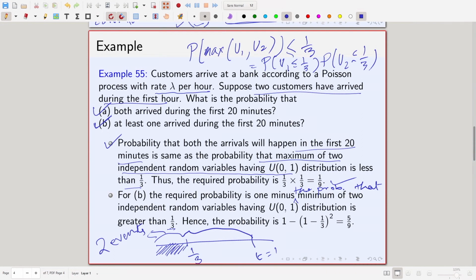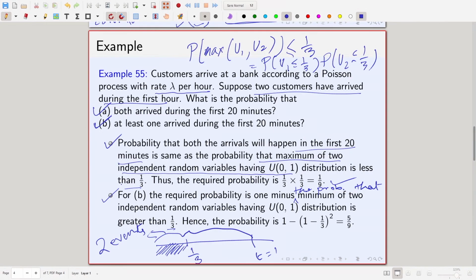If both arrivals have to happen after time 1 by 3, that means the minimum of 2 uniform 0 1 random variables is greater than 1 by 3. If we can find that probability, then the probability that at least one arrival happens within time 1 by 3 is just 1 minus that probability. That is precisely what we have done here.